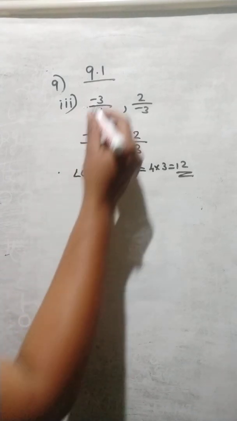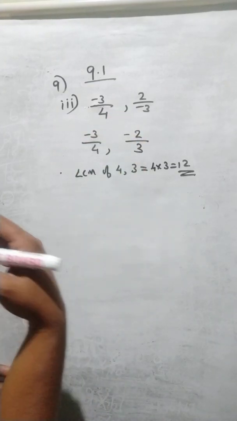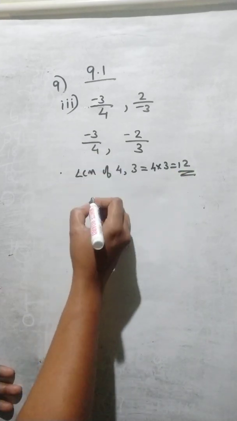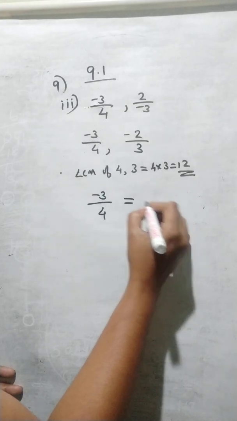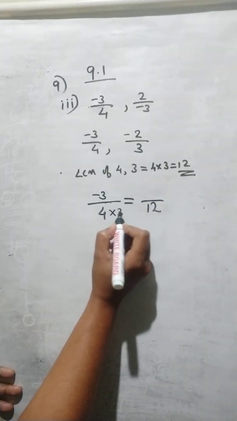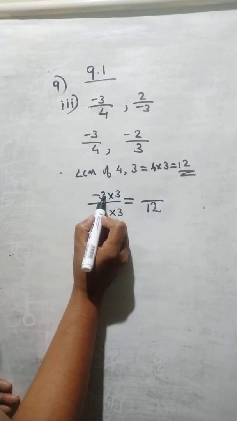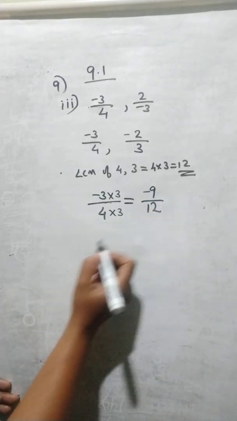Next, we have to convert these rational numbers to denominator as LCM. Here the LCM is 12. So, negative 3 on 4 and 12. How can we convert? By multiplying by 3. Numerator also we have to multiply by 3. So, negative 3 times 3, negative 9. Okay, 4 3s are 12.